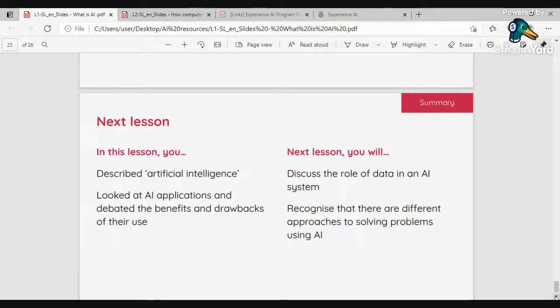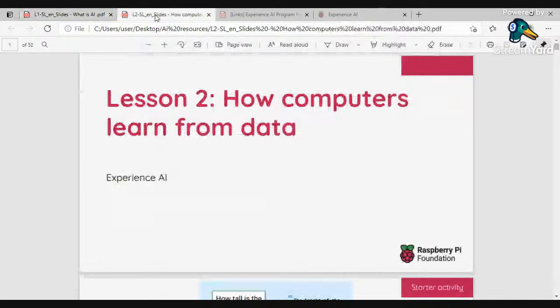In the next lesson, we are going to be looking at how computers learn from data. Your computers, your machines, how do they learn from data? I think these are very interesting things that you personally need to understand.